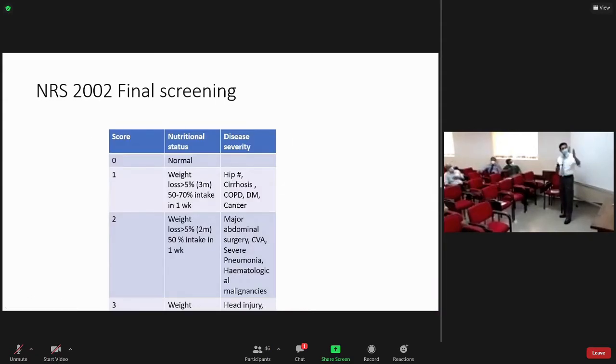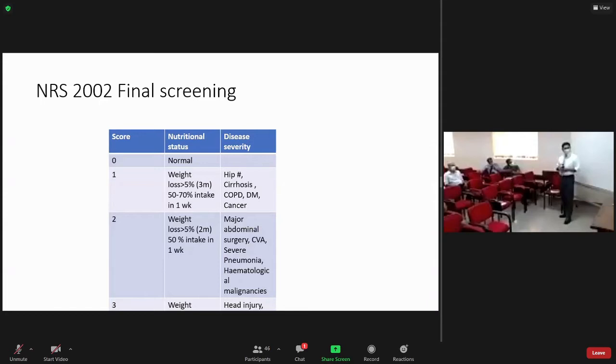Disease severity is scored like that too. For hip fracture, cirrhosis, and chronic diseases, we give only 1 mark. But for major abdominal surgery, severe pneumonia, and hematological malignancies, we give 2 marks. For head injury, burns, and all ICU patients, we give 3 marks.